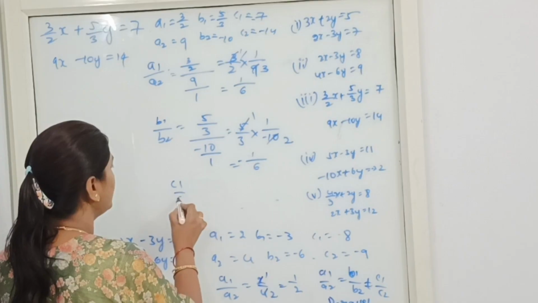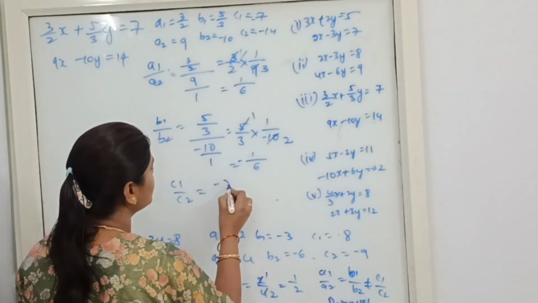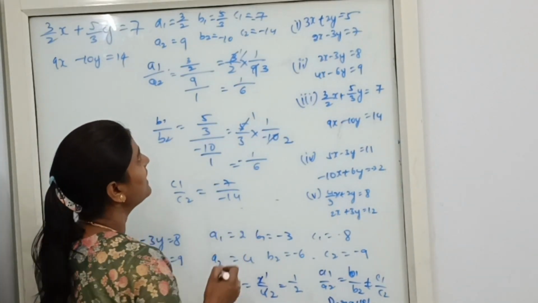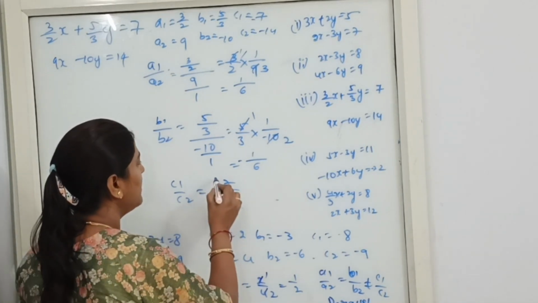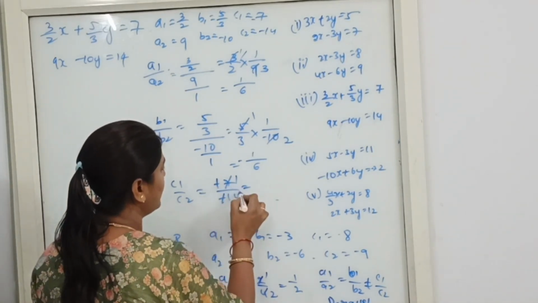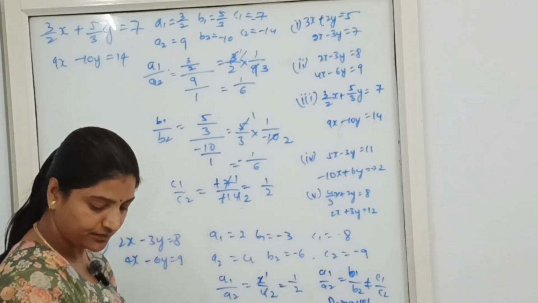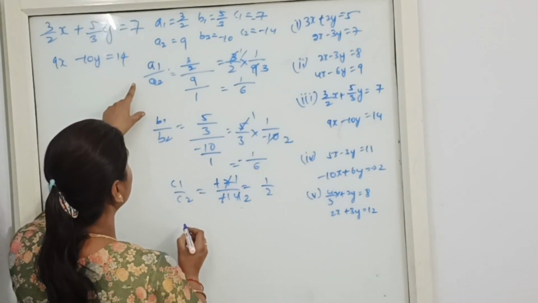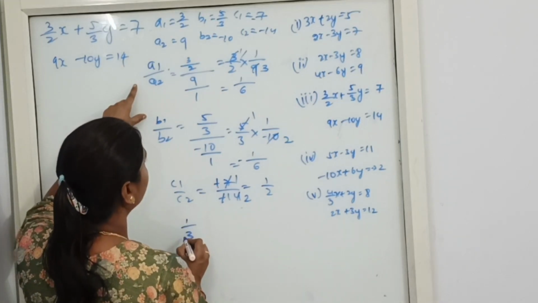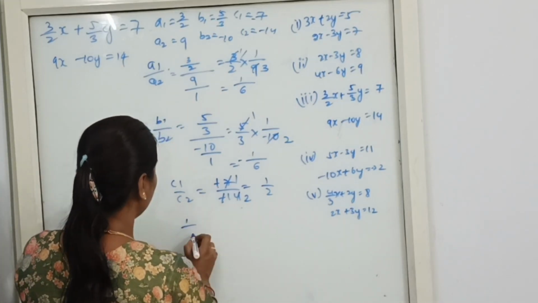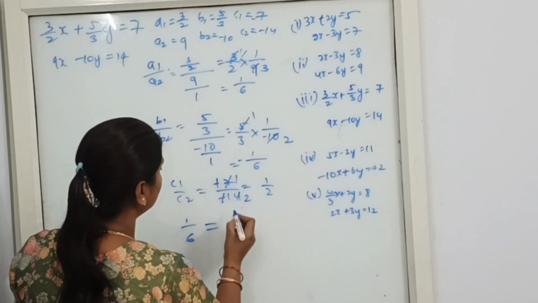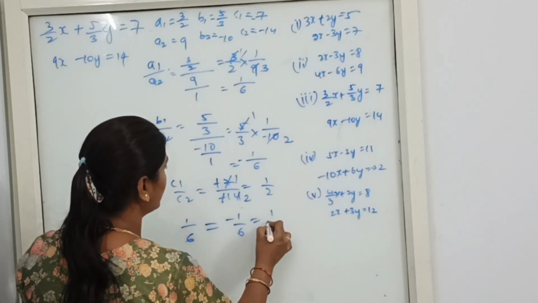Then c1 by c2 is minus 7 upon minus 14. The negatives cancel, 7 1s are 7, 7 2s are 14, so this is 1 by 2. So a1 by a2 is 1 by 6, b1 by b2 is minus 1 by 6, and c1 by c2 is 1 by 2.